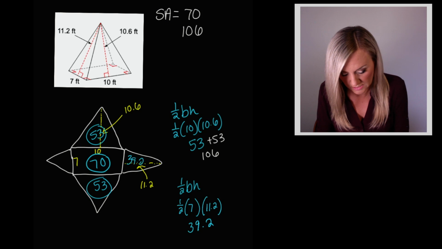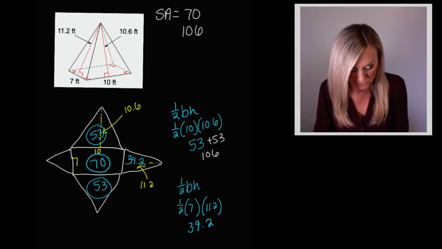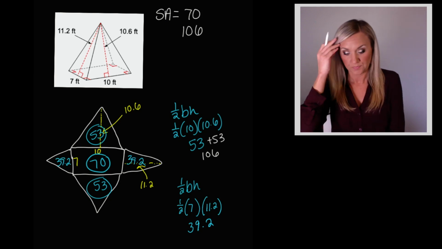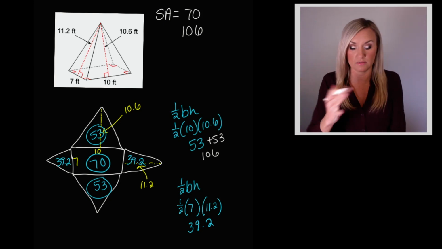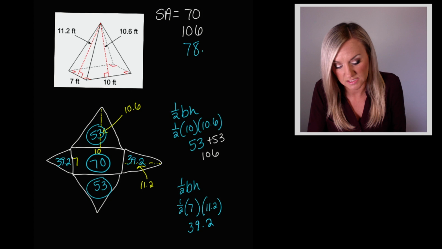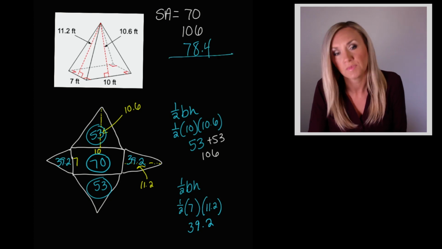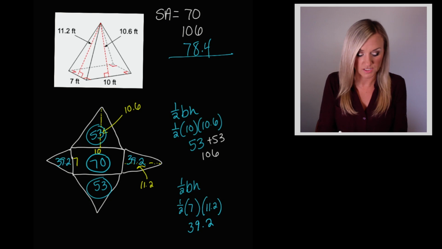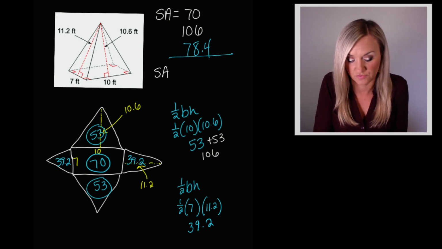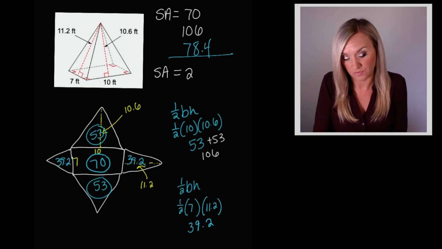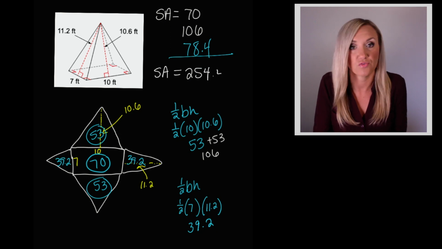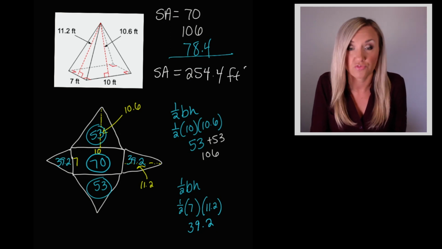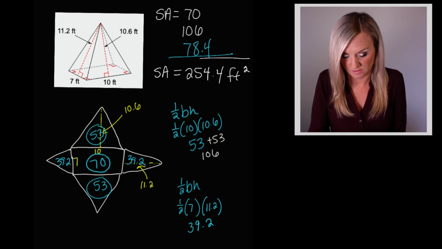This one's 39.2. This one over here is 39.2. And 39.2 times 2 is going to give us 78.4. And so now we're just going to add up those 3 to give us a grand surface area of 254.4 feet squared.